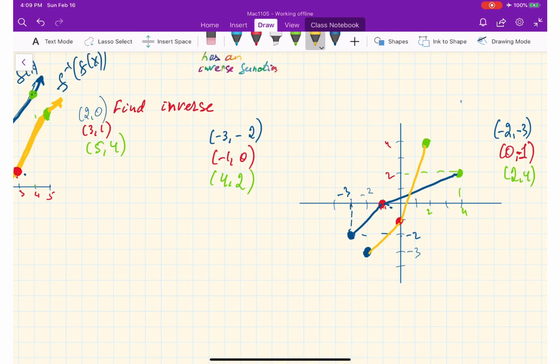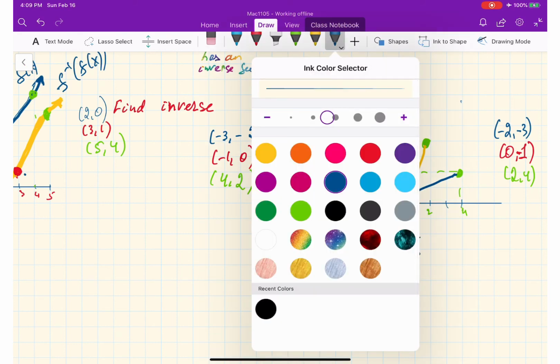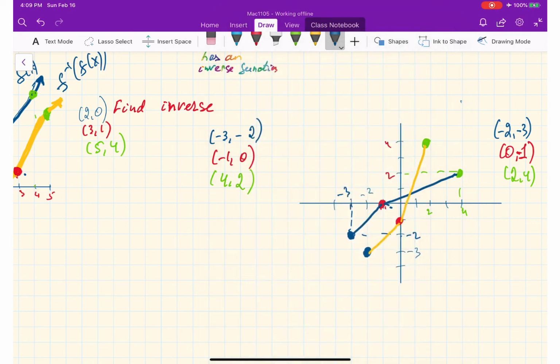So if this is my f of x, then this yellow one is f of -1 of x. Well, let's pay attention. We have a point here.